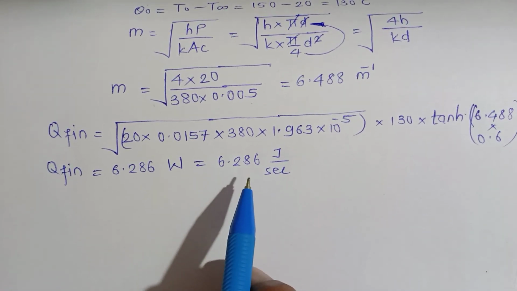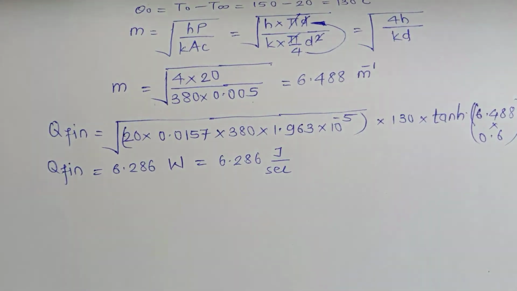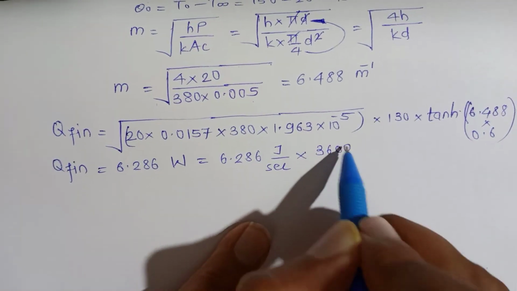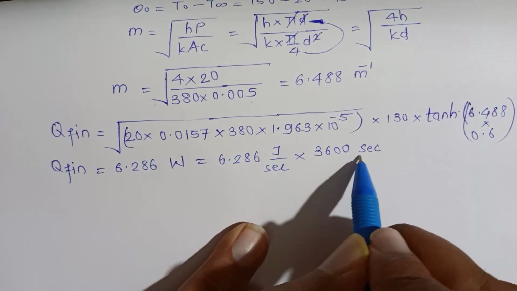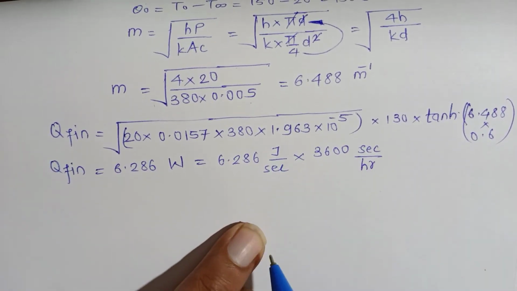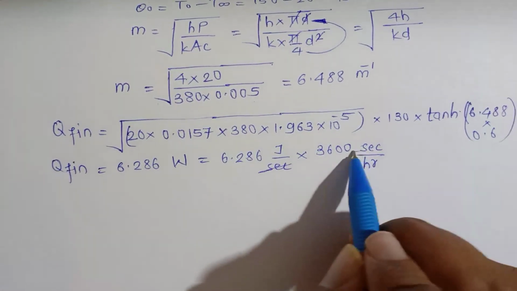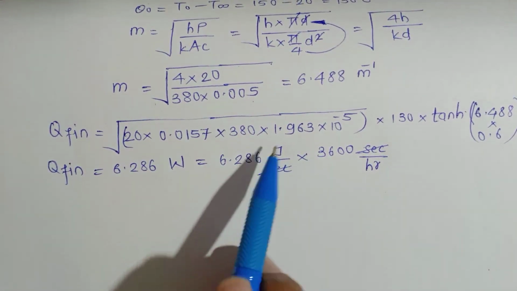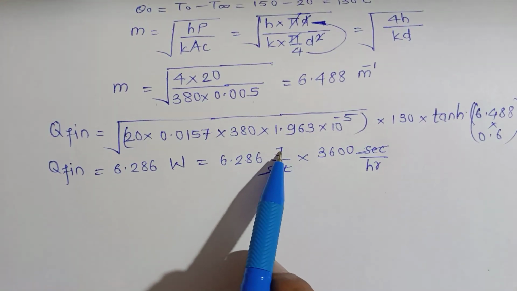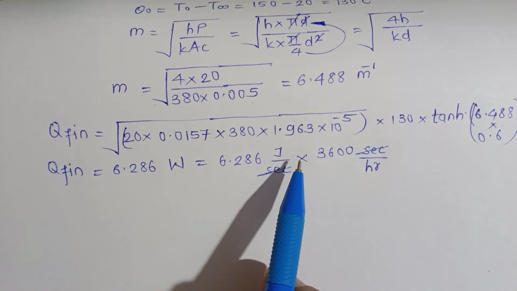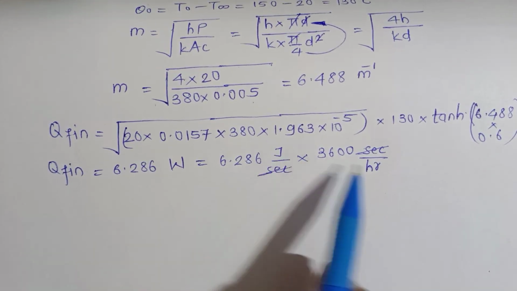In 1 hour there are 3600 seconds. So we will multiply this term by 3600, I shall write it like this, second per hour. Now in this case you will observe that second and second will be cancelled, and the quantity that you will have will be joule per hour. 6.286 multiplied by 3600, whatever it will be, joules per hour.